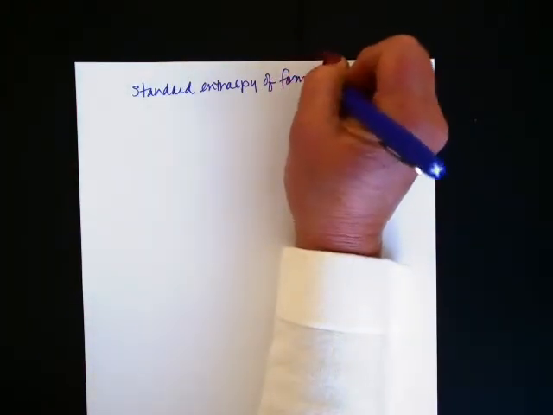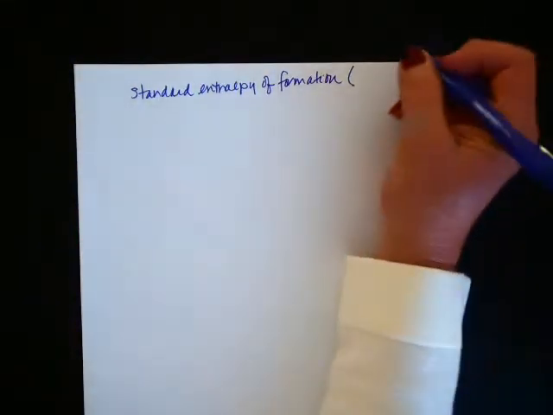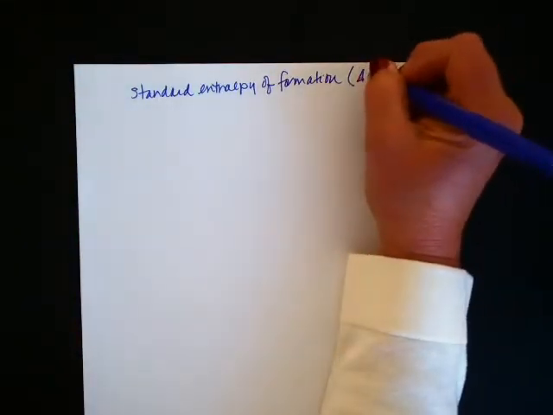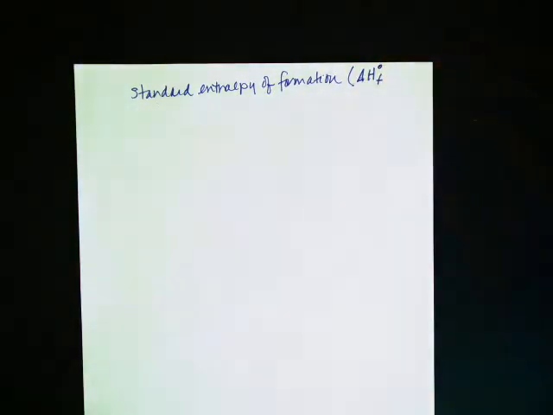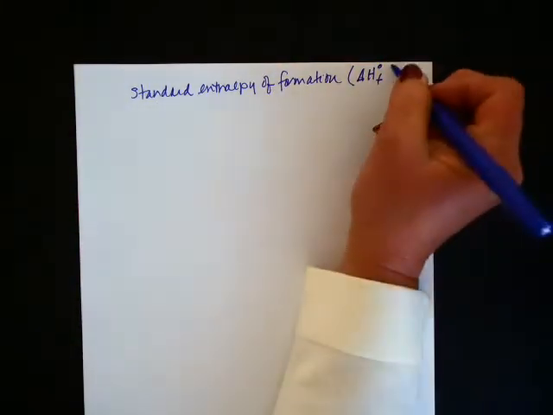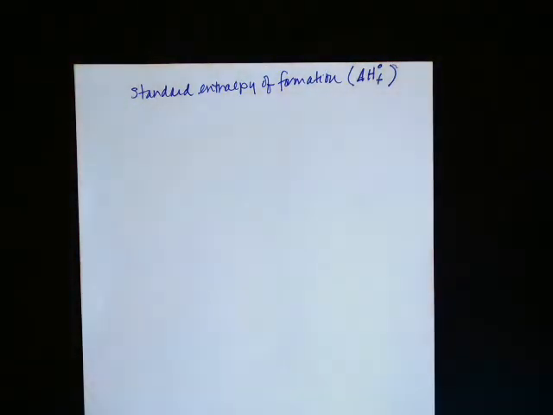And it is represented by a delta H, a superscript naught, and a subscript F for formation. So standard heat of formation. This is basically an arbitrary scale, and it uses sea level as a reference point.